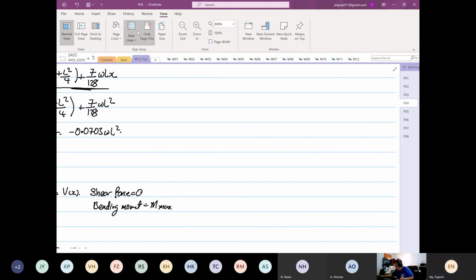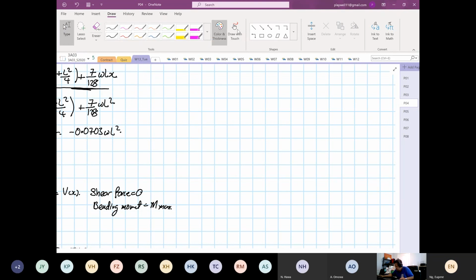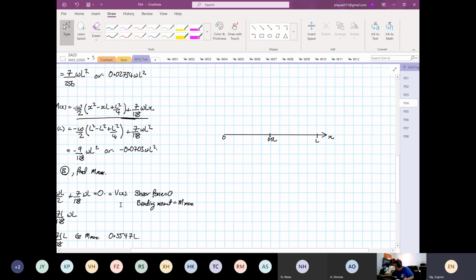So 71 over 128 is equal to 0.5547 L. Okay, so this is the last part. So we have our x-axis, right? So this is 0.5 L, 1, 2, 3, 4 L. This is our x-distance. Then this is our moment.